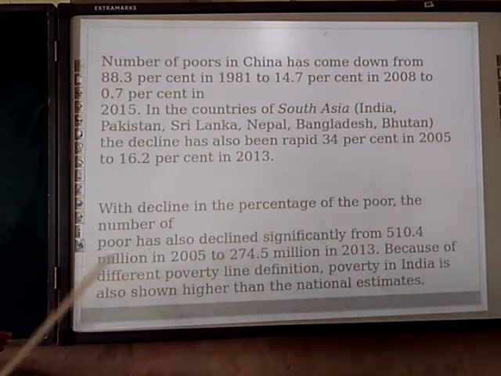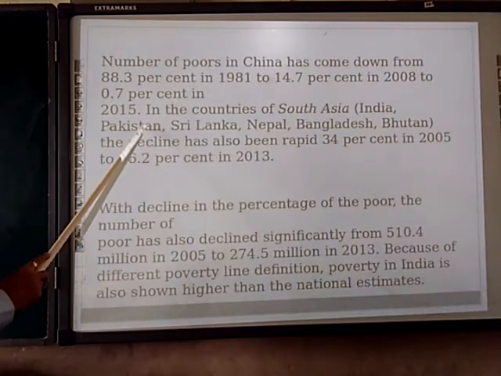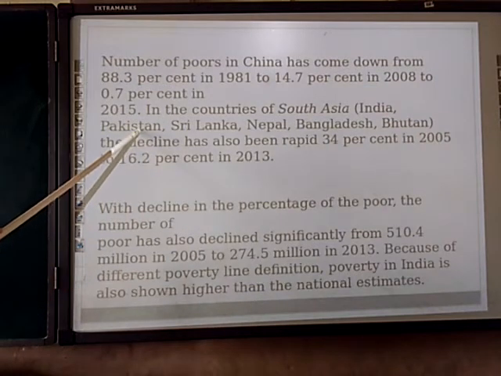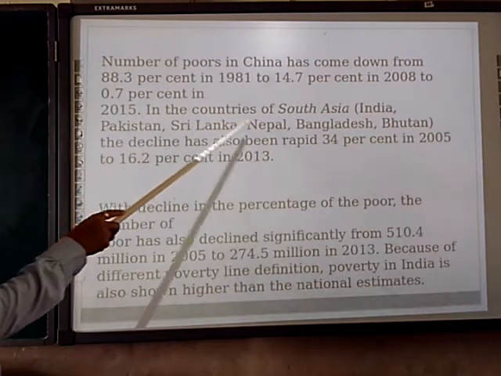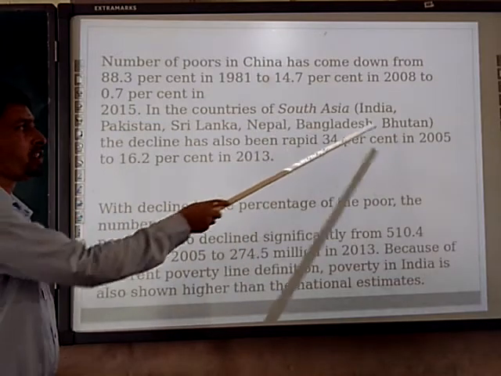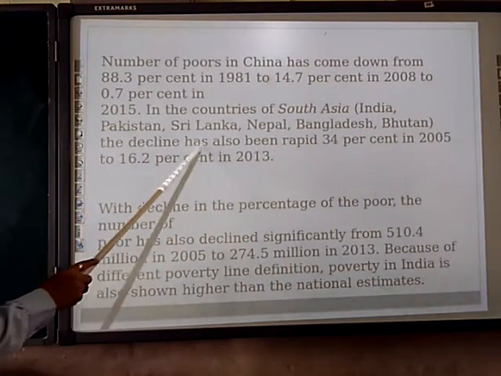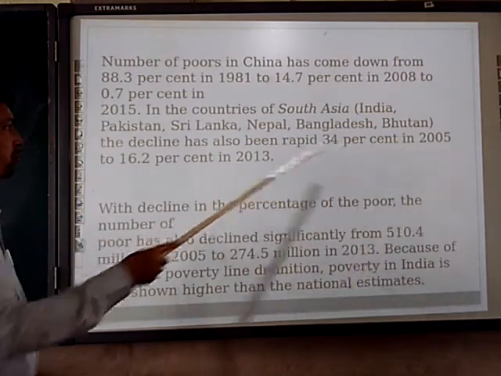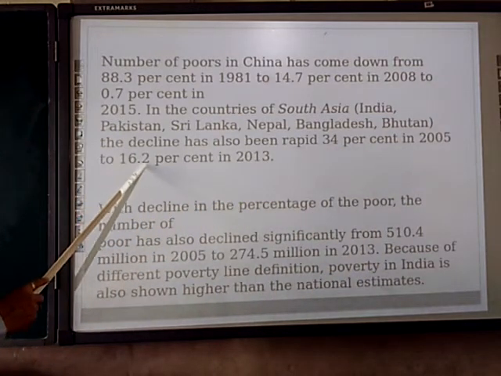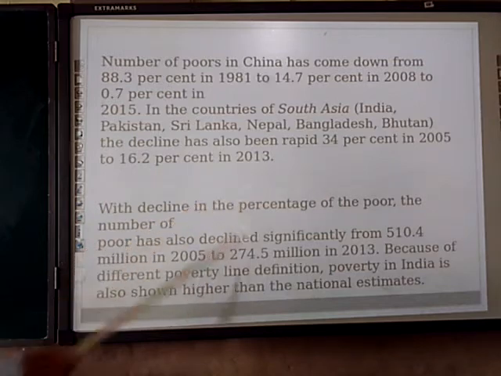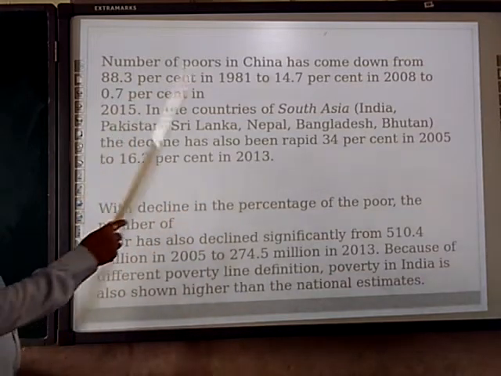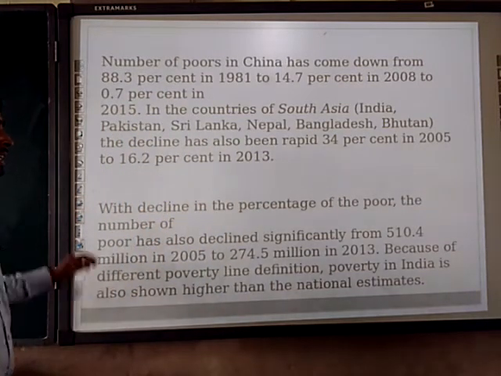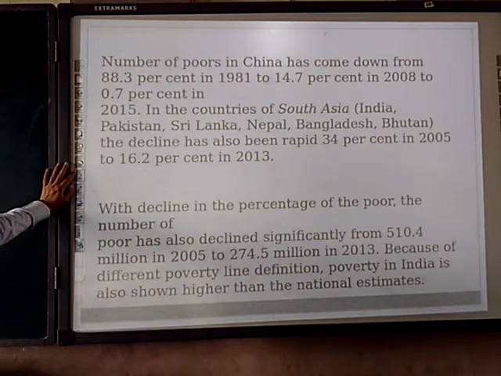In South Asian countries like India, Pakistan, Sri Lanka, Nepal, Bangladesh and Bhutan, the decline has also been rapid, from 34% in 2004 to 16.2% in 2013. So by seeing this data, we understand the facts and figures related to the global poverty scenario.